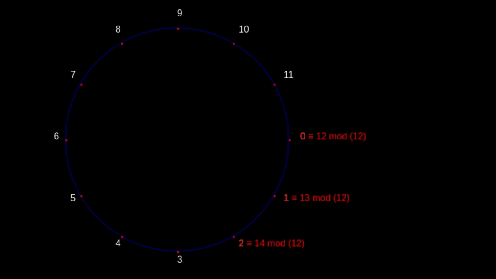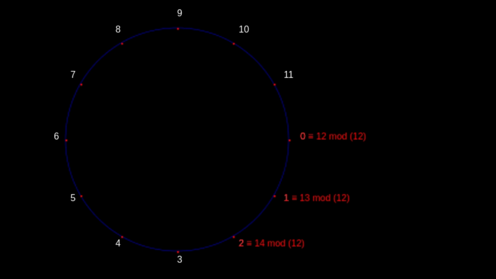In a sense, what we are doing here is the same as a clock, where after 12 hours the time starts repeating. For example, in military time, 13 hours is exactly the same as 1. So every number can be placed along with one of the numbers from 0 to 11.